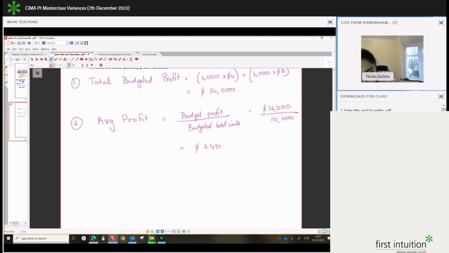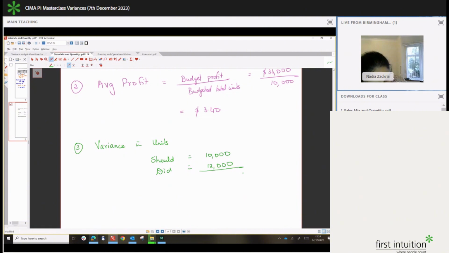Step number 3 is to work out your variance in units. We should have sold 10,000. We did sell 12,000. That's a good thing for us.